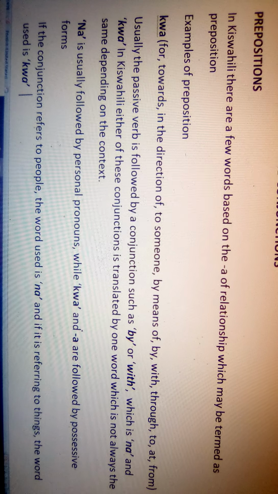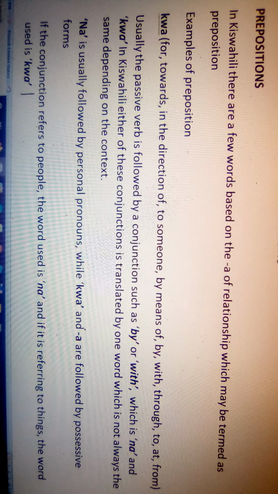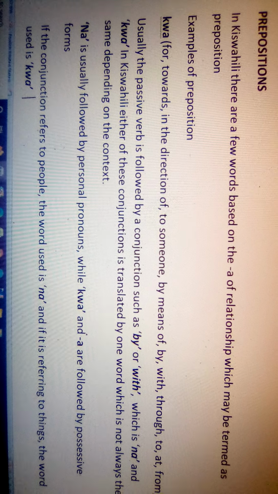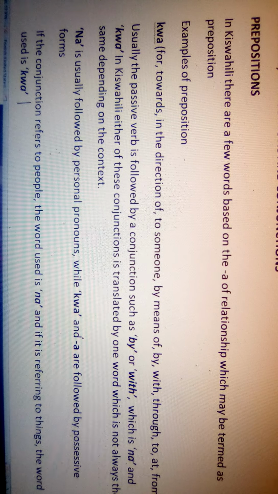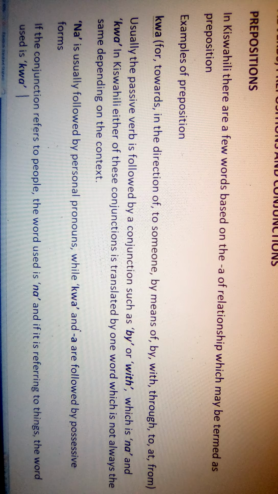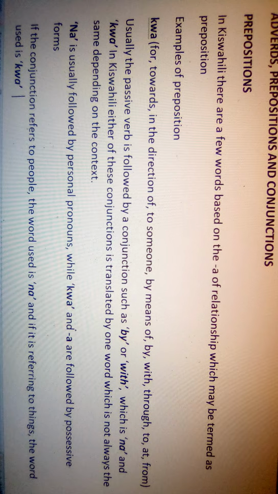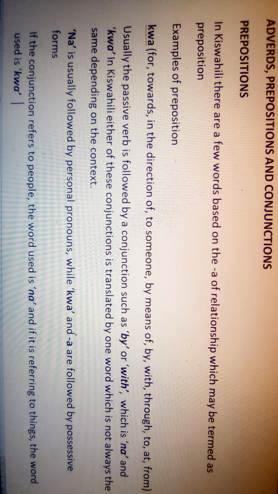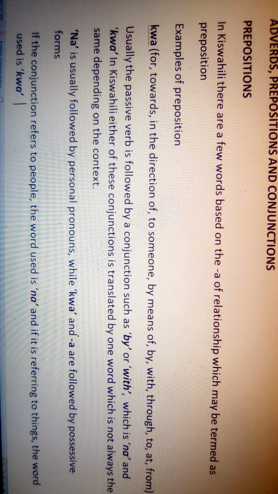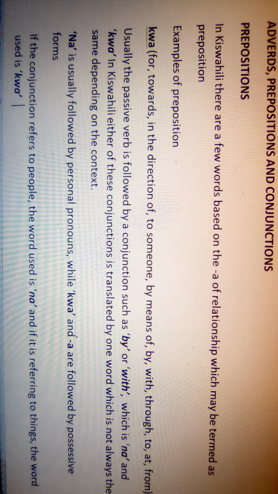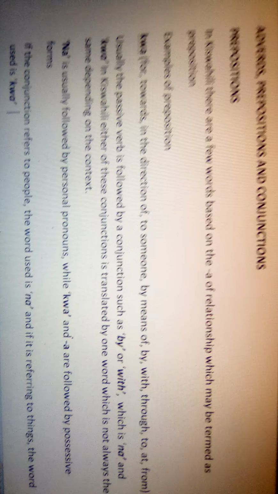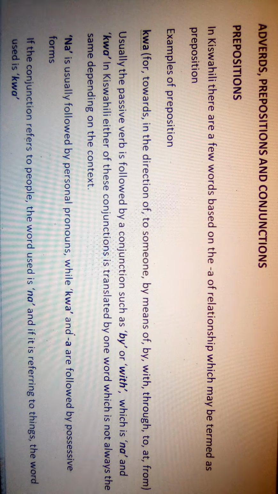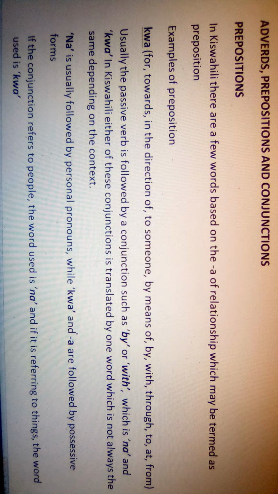Usually, the passive verb is followed by a conjunction such as by or with, which is na and kwa. In Kiswahili, either of these conjunctions is translated by one word, which is not always the same, depending on the context.